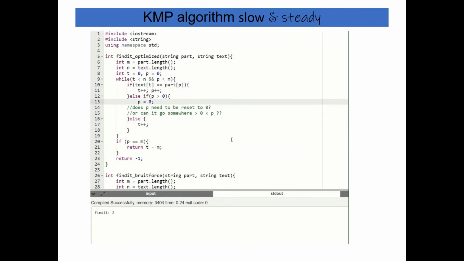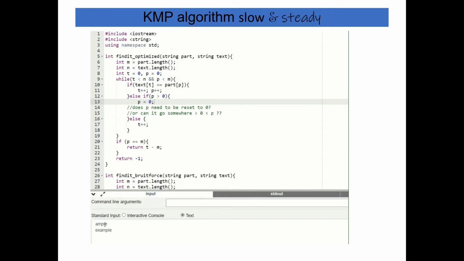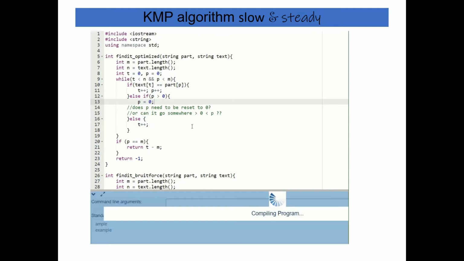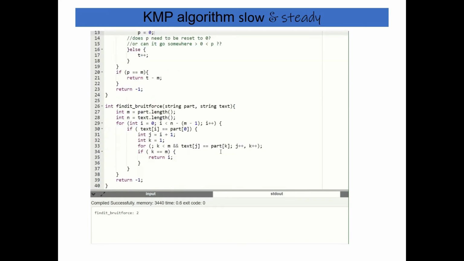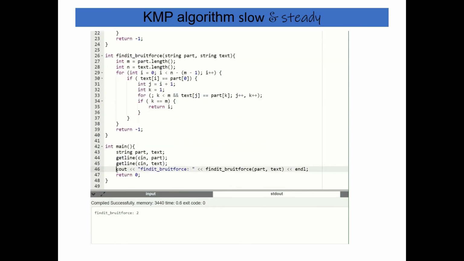Let's see if this works or if I've made any mistakes in the implementation. So our input is still at ample and example. Let's run this. Okay, I think we forgot to output the result of find it optimized.